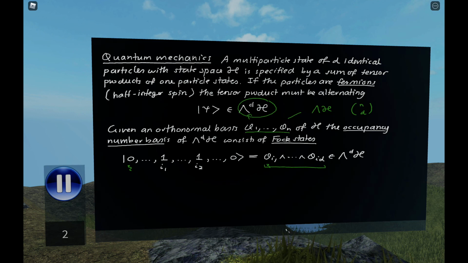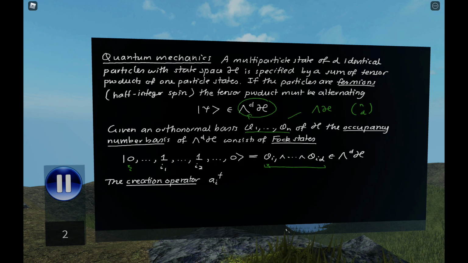Now, with respect to that basis, you'll see physics textbooks introduce the creation operator. Usually written with a dagger, and there's one for every index I between 1 and n.